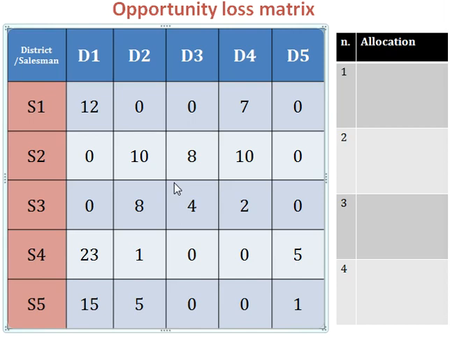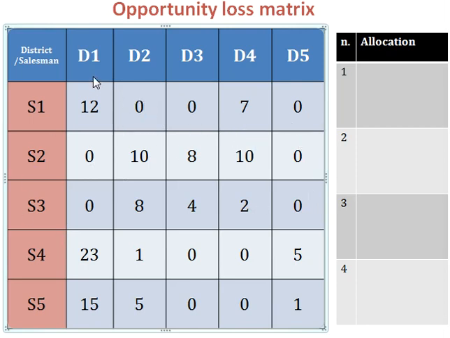So we can now make the allocation starting with the least number of 0s available in each row. Let's check in which row we have the minimum number of 0s. In this row we have 3 0s, so no allocation can be made here. In this row 2 0s, in this 2 0s, here 2 0s, here 2 0s. So we don't have any row with a single 0. So we can make an arbitrary allocation.